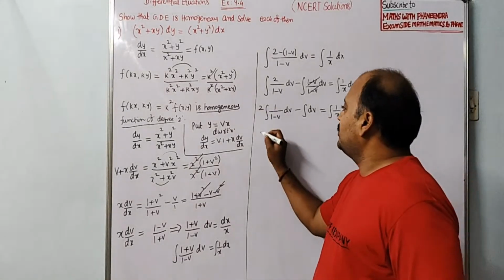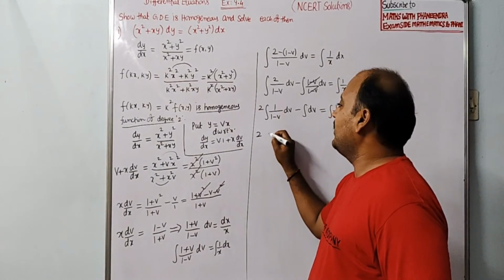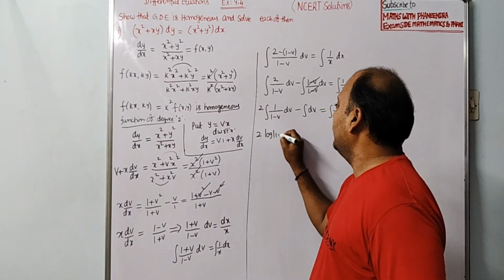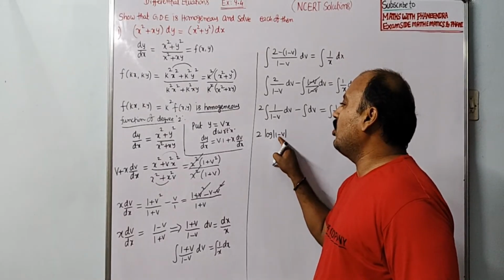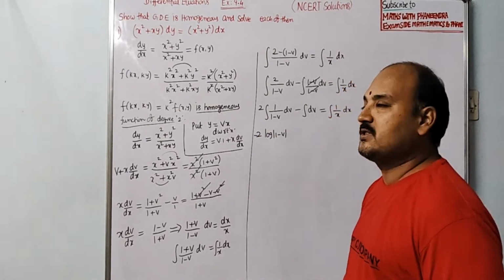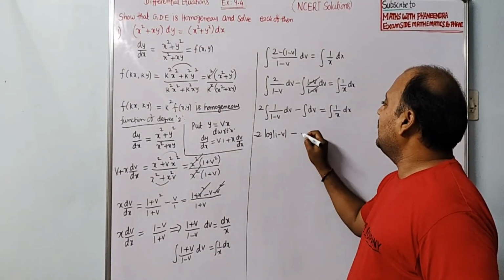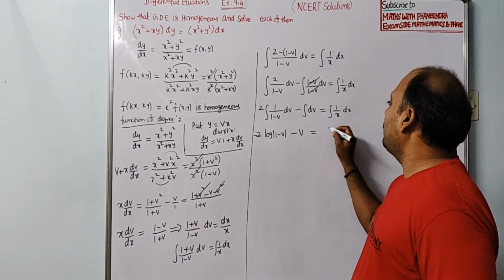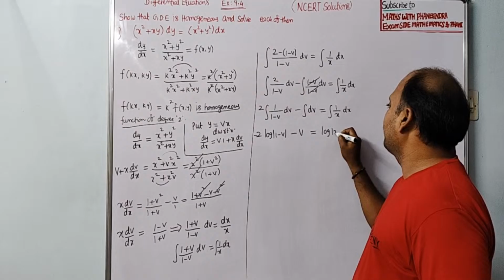Okay? 2 into integral 1 by (1 minus v) is log mod (1 minus v), and here the coefficient of v is minus 1, so it will be minus. Minus integral dv is v, equal to integral 1 by x, which is log mod x.